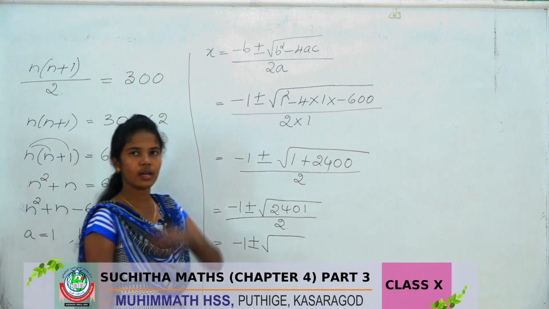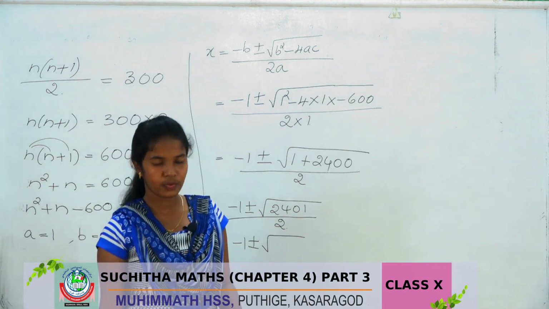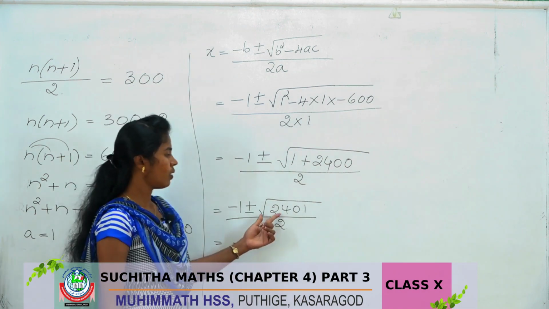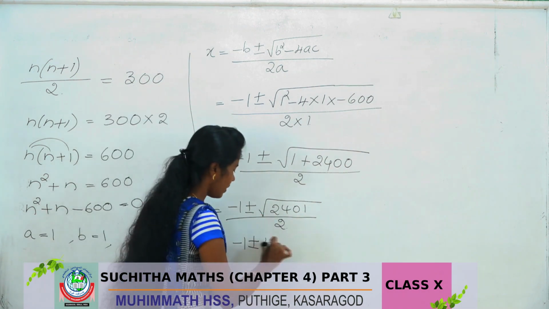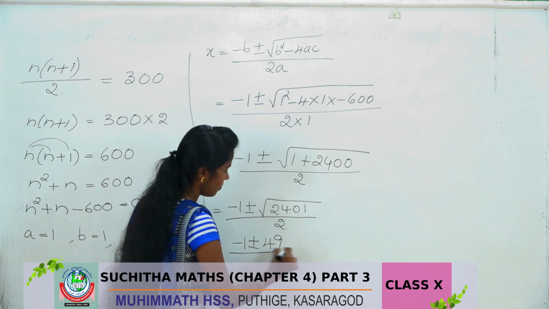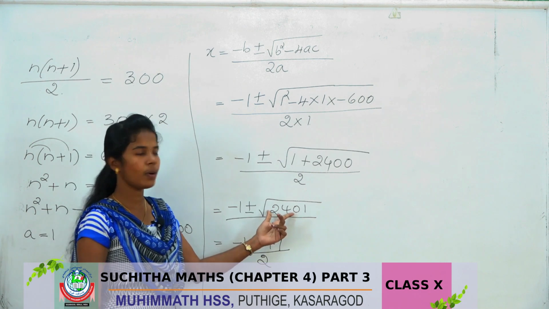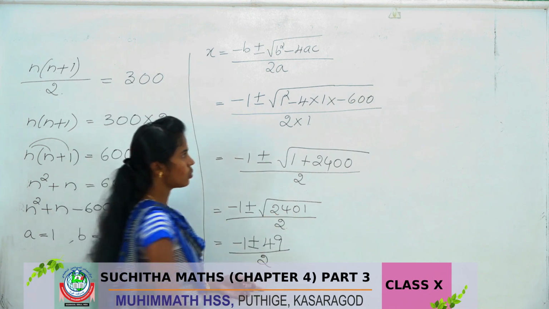Square root of 2401: 50 square is 2500, and 49 square is 2401. So the square root of 2401 is 49, divided by 2. Here the value of b square minus 4ac is positive, so there are 2 solutions.